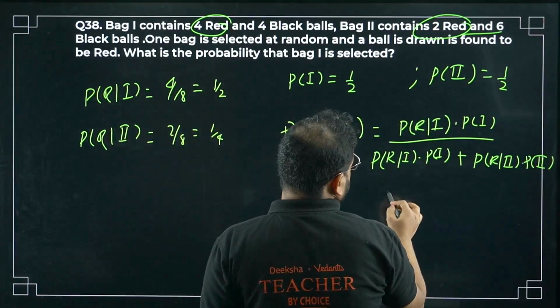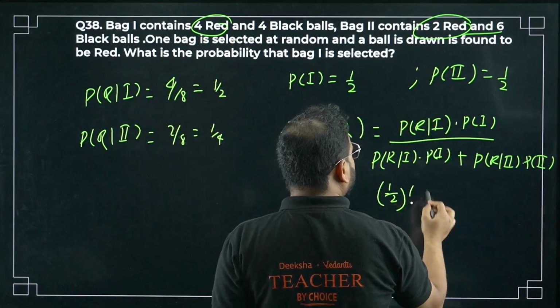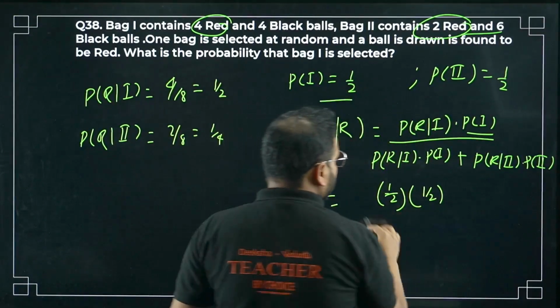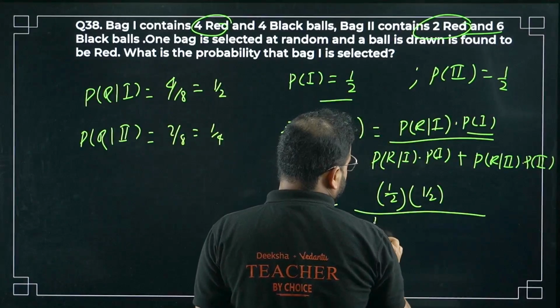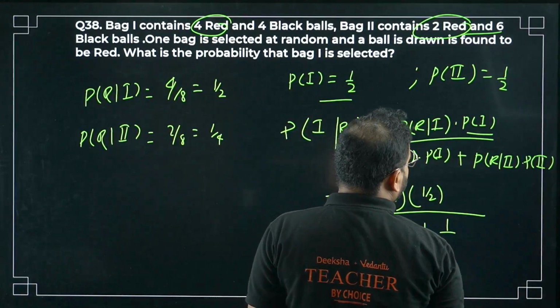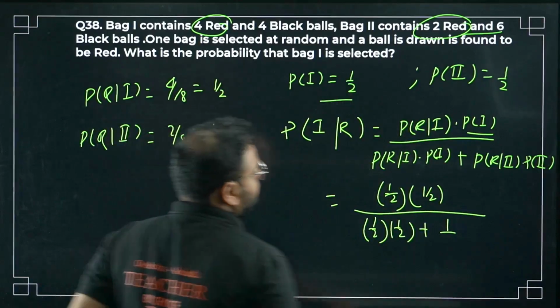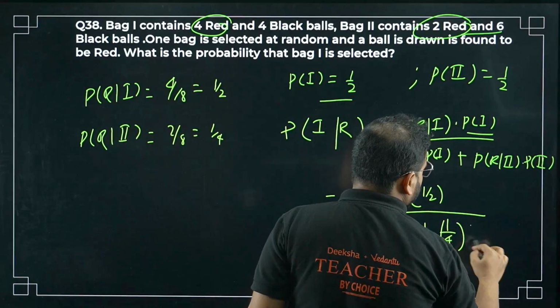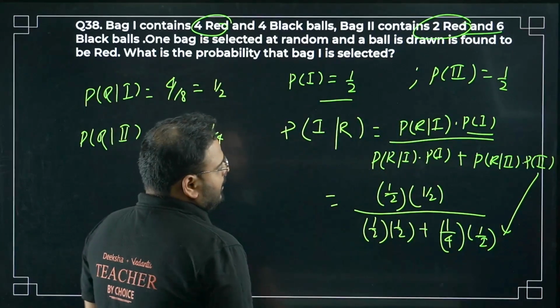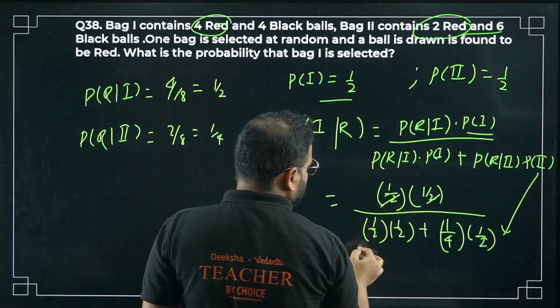We have 1 by 2, choosing any bag will be again 1 by 2 only. P(I) is 1 by 2 only, not a problem at all. Divided by what I have over here, same thing, plus P(R|I2) 1 by 4 times again 1 by 2 only, choosing the second bag. Okay, so I get here 2, 2 cancel and this 4 cancel.